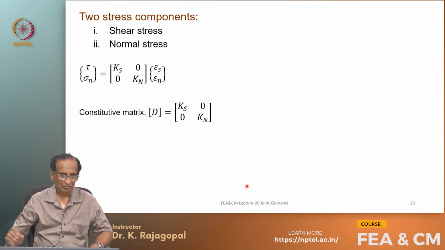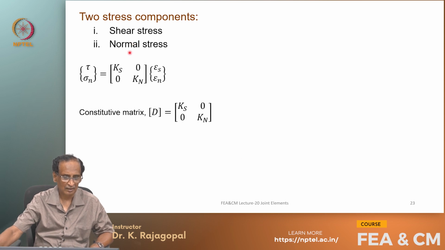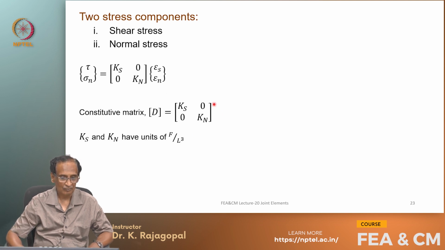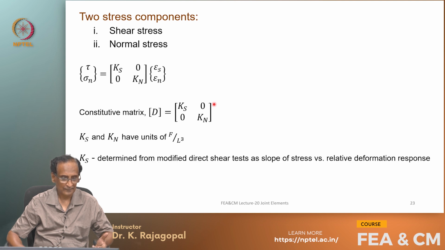Then our stresses are shear stress and normal stress. The tau we can obtain as Ks times the relative shear displacement, and sigma n is Kn times the relative normal displacement, and our constitutive matrix is this, and our units are F by L cubed.